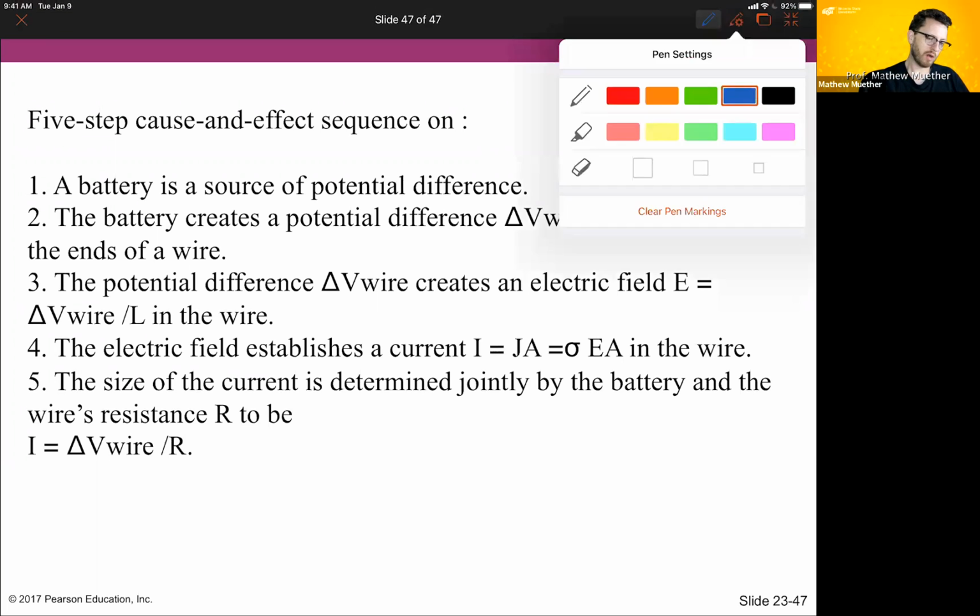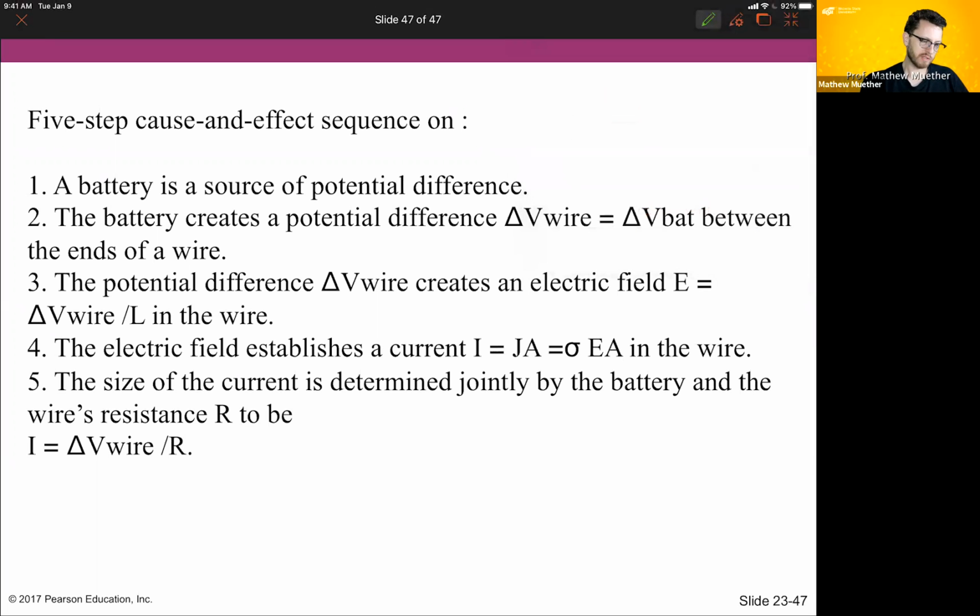Okay, let's walk through this just to recap what we've seen here. In order to get a current flowing, we need some sort of potential difference. We need a delta V. It could be a battery, it could be a capacitor, or very frequently we could plug it into a wall that gets its potential difference from somewhere else. But we need a potential difference somewhere.